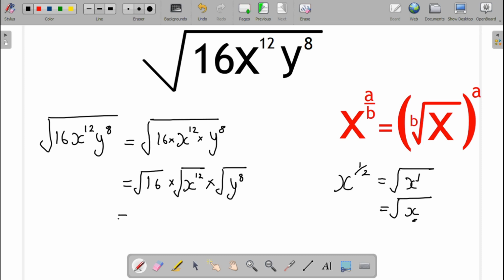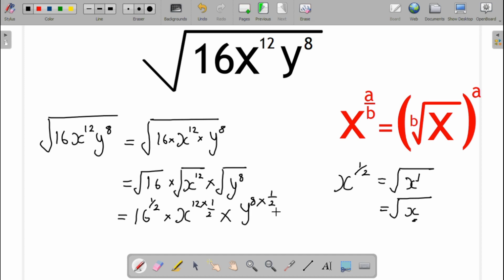Now, this is equal to 16 raised to power half, times x raised to power 12 times power 1 over 2, times y power 8 times power 1 over 2.